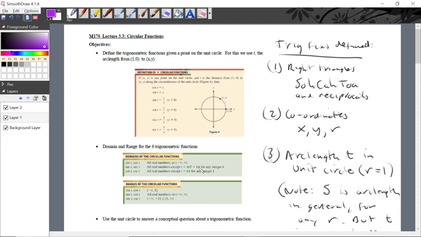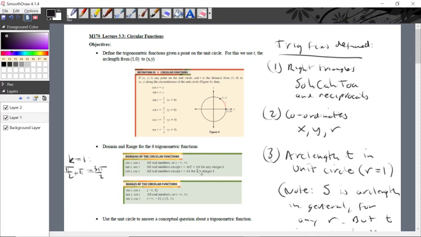If k is an integer, that is the number 0, plus or minus 1, plus or minus 2, plus or minus 3, for example. If we took k equal to 1, then the expression pi over 2 plus k pi would be pi over 2 plus 1 times pi. What's pi over 2 plus pi? It is 3 pi over 2.